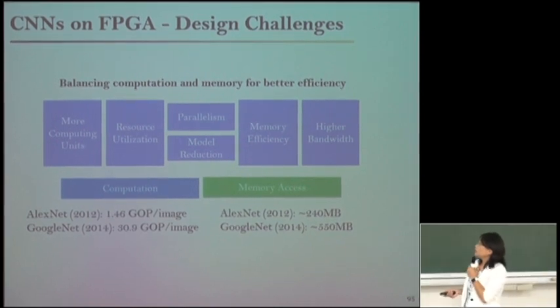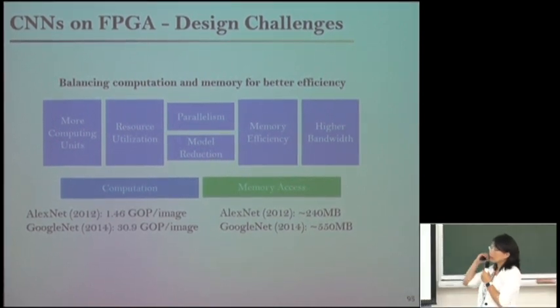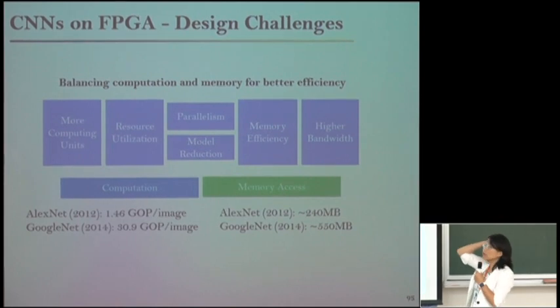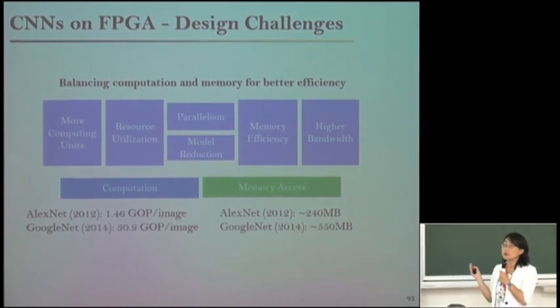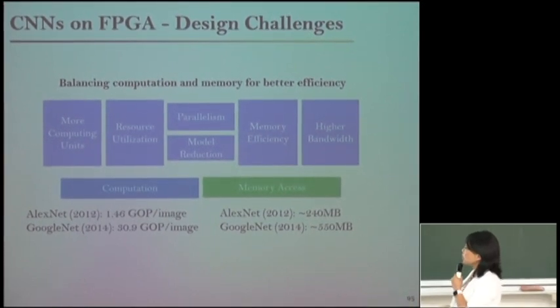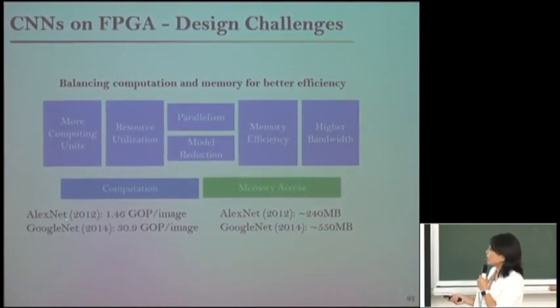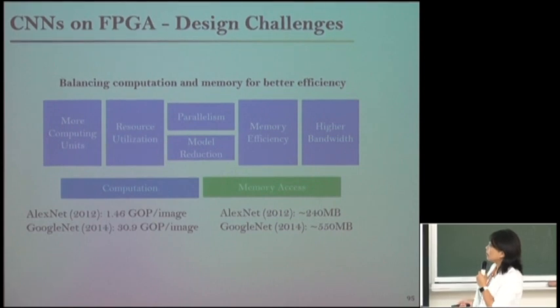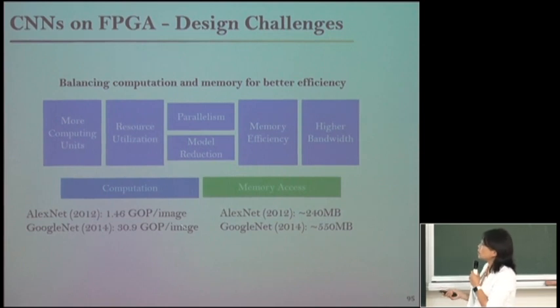So when we're talking about neural network implementation, whether on GPU, CPU, FPGA, and so forth, one observation, just comparing AlexNet versus GoogleNet, is that the computation requirement increased dramatically. The data, meaning the memory access requirement, also increased dramatically.